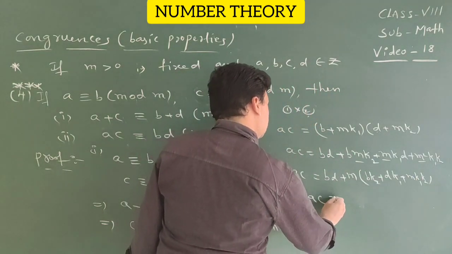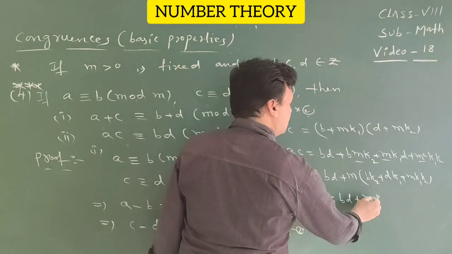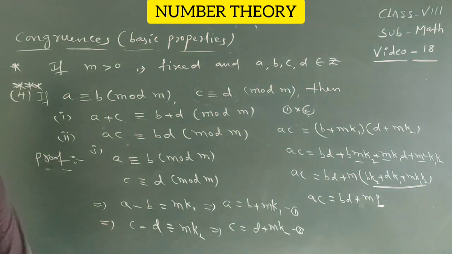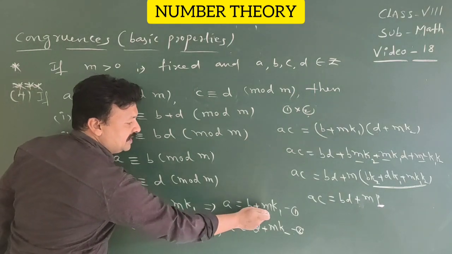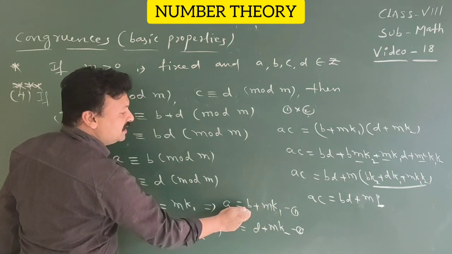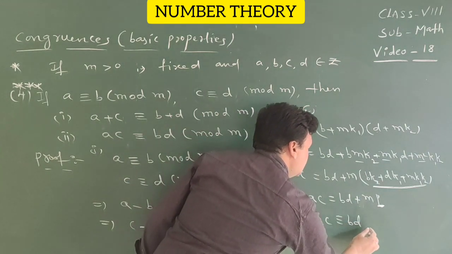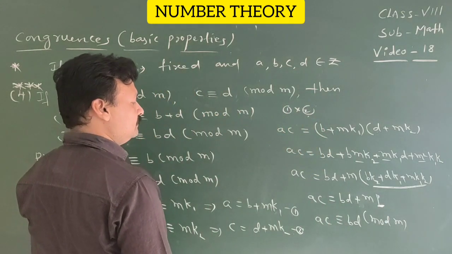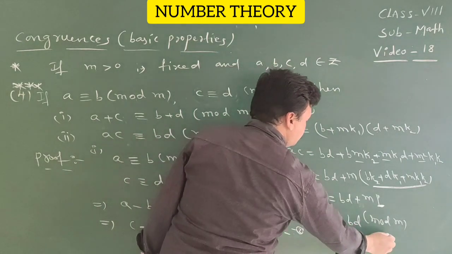Here AC equals BD plus a multiple of M. Multiple of M means we write M into something. So AC equals BD plus M into something, which means AC is congruent to BD mod M.